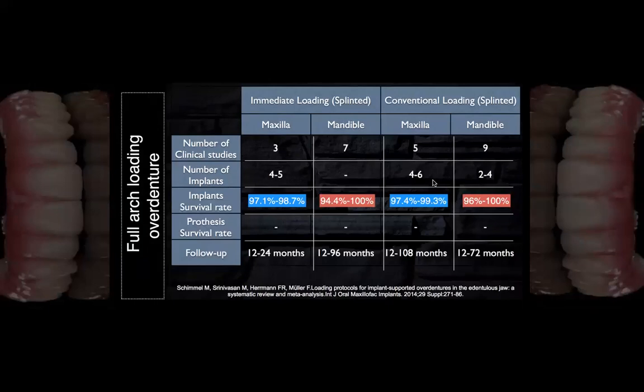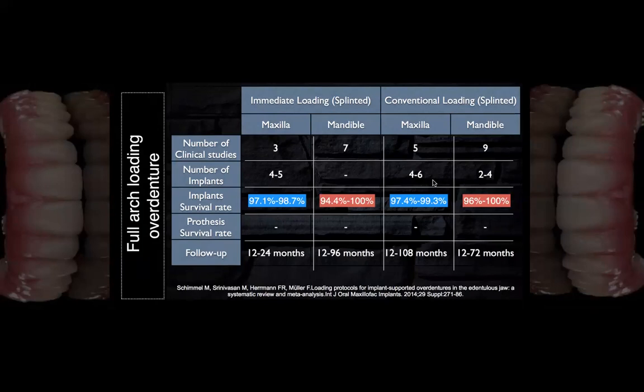Now, full arch loading on the overdenture. Now take a look on top, immediate loading, splinted, conventional loading, splinted, okay? Maxilla, mandible, maxilla, mandible, and the implant survival rate. Look at the blue and the blue, look at the red and the red, and you can again see that these are similar.